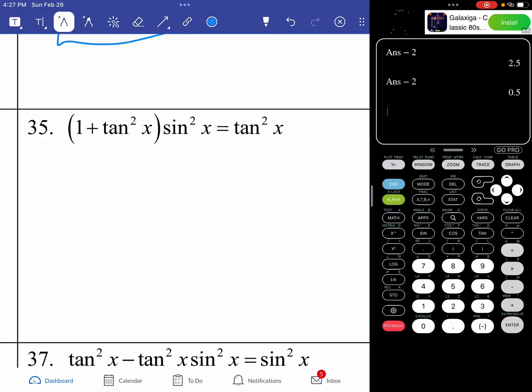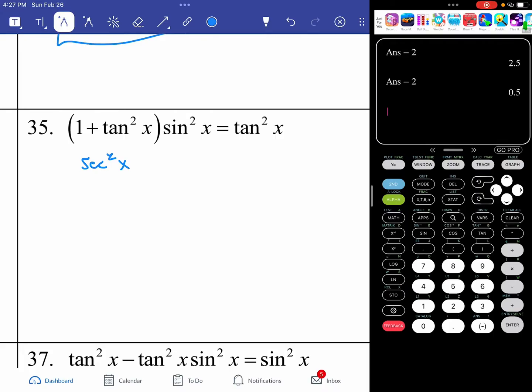Give me 1 second. There it is. It would be secant squared. Sorry about that.